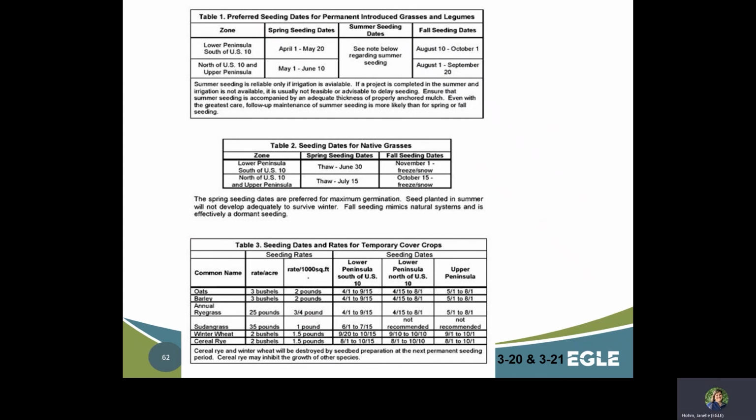If seeding during the summer months cannot be avoided, irrigation must be provided. Michigan Department of Transportation has developed approved seed mixes for a variety of applications and soil conditions. MDOT's specifications can be found online and may be referenced in the SESC plan.